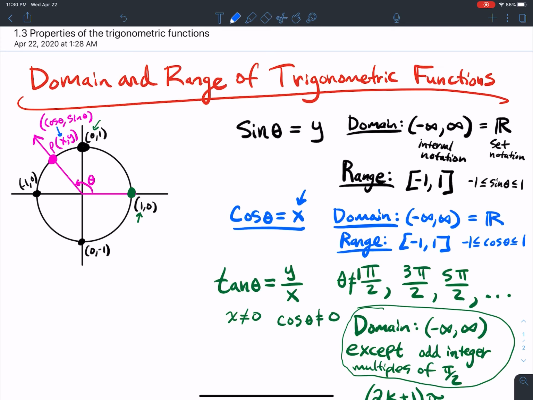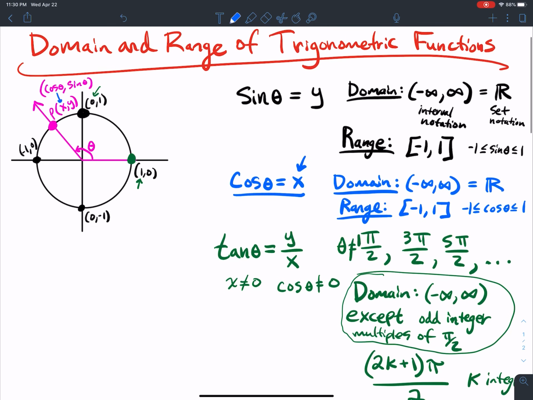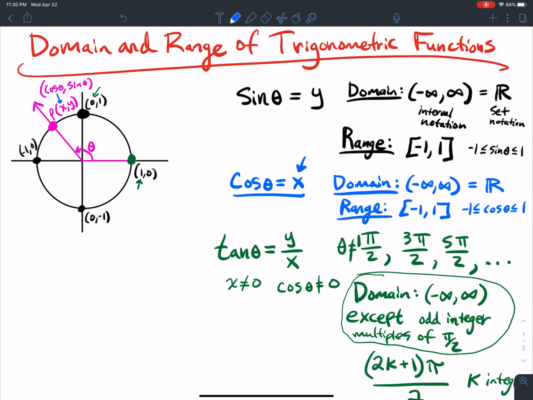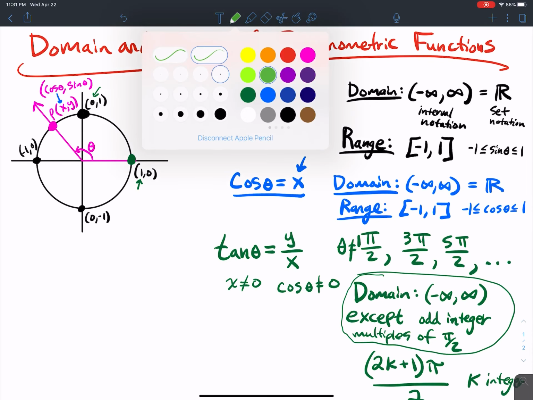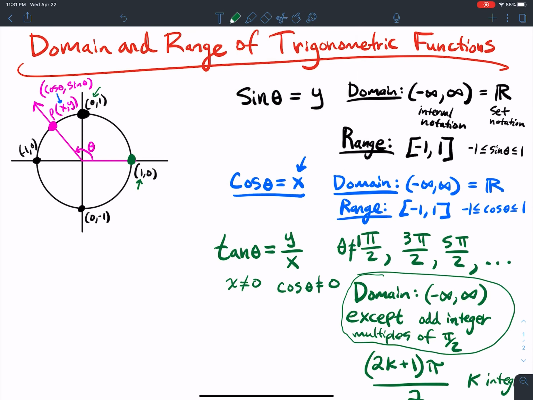Now, we've done the domain and range of the sine and the cosine. The last is the range of the tangent, right? So how are we going to do the range of the tangent?